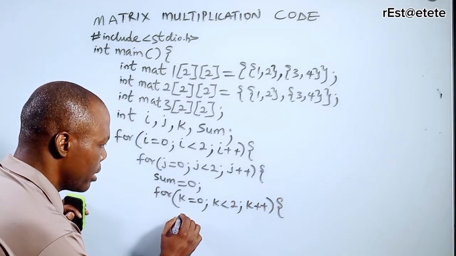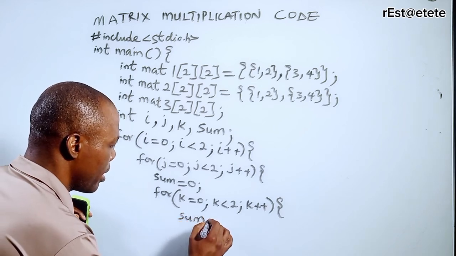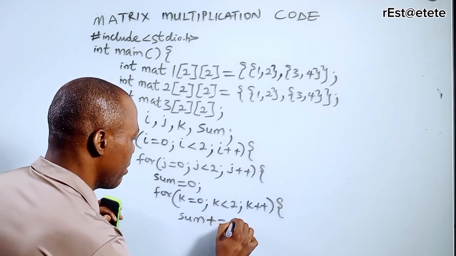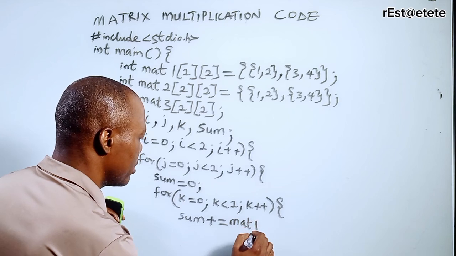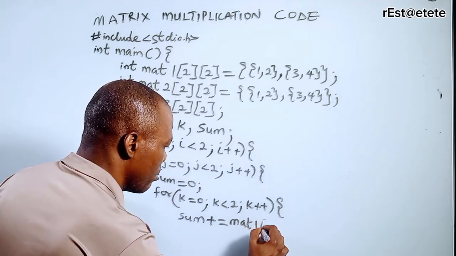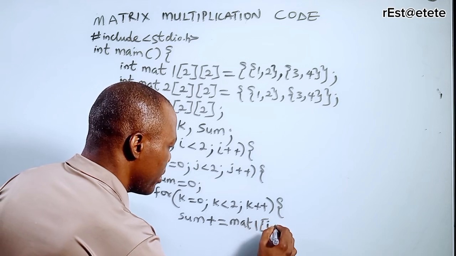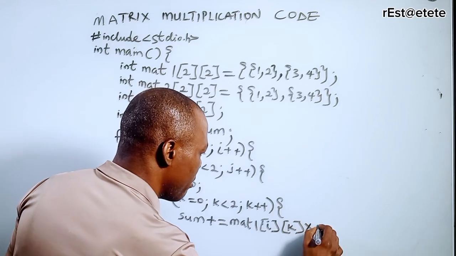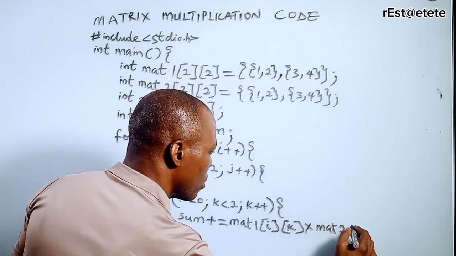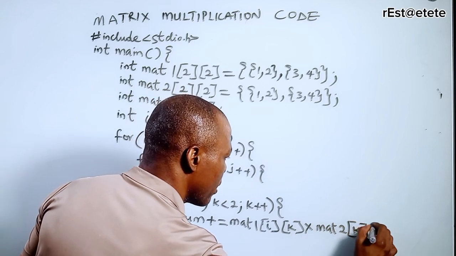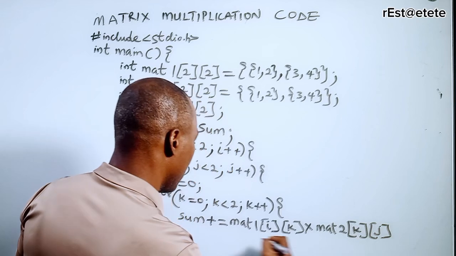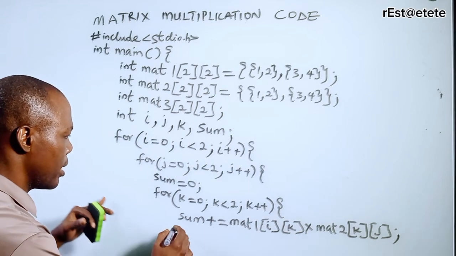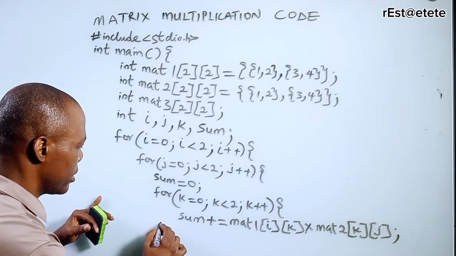So here I will say sum plus equals to, meaning I'm going to multiply mat1[i][k] multiplied by mat2[k][j], right? Then when I do this, I will now close this.